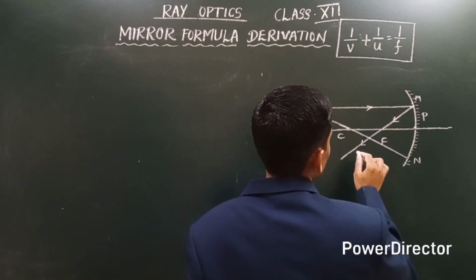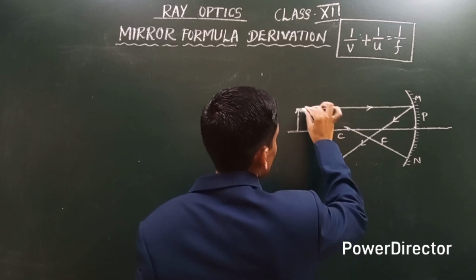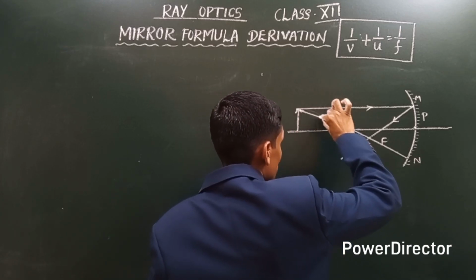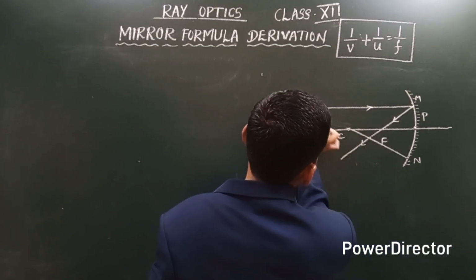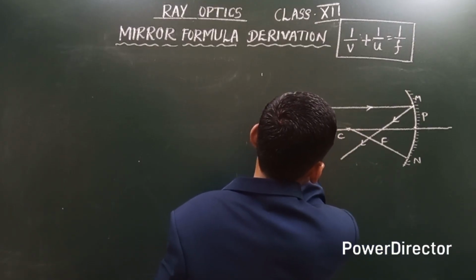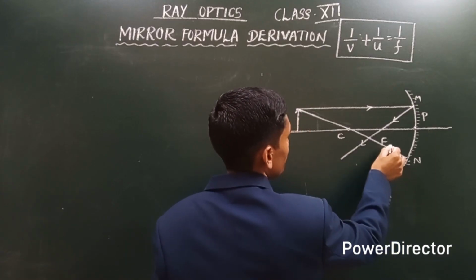Now you know that this ray after reflection, what happens? It is not bent, it is not going straight. After reflection, it follows the same path.